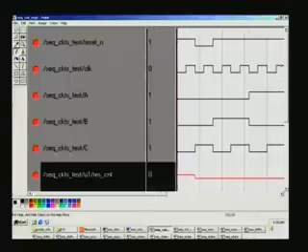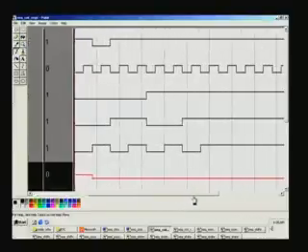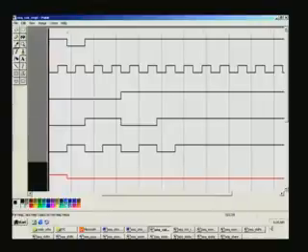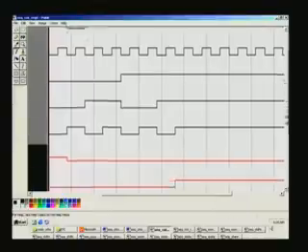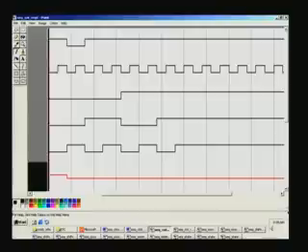So, you can see reset, clock, ABC are the inputs, and the first one is reset count here. You can just have a look here, and with the reset this counter reg is cleared right at that point of time.